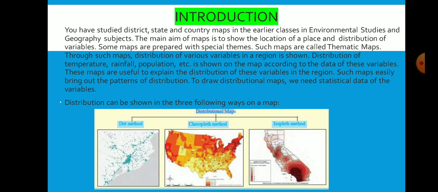Now, there are three methods of showing geographical distribution in distributional maps. These three methods, you can see in the flowchart, are the dot method, choropleth method and isopleth method.